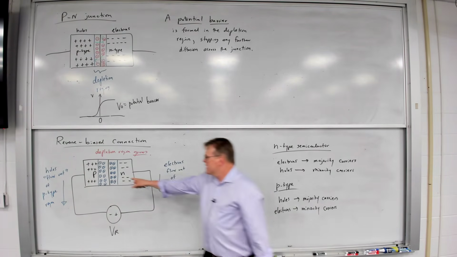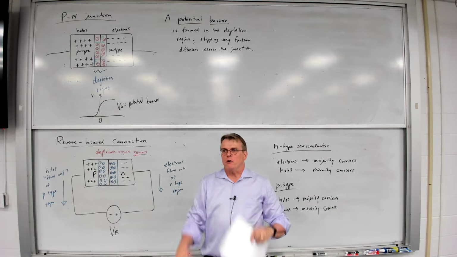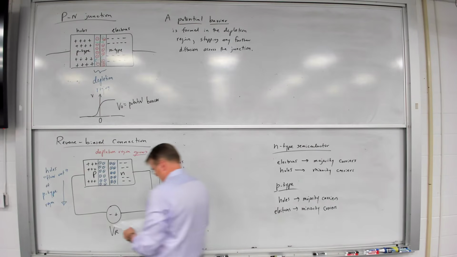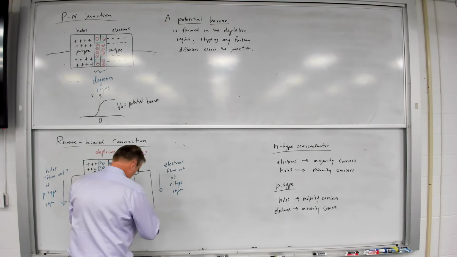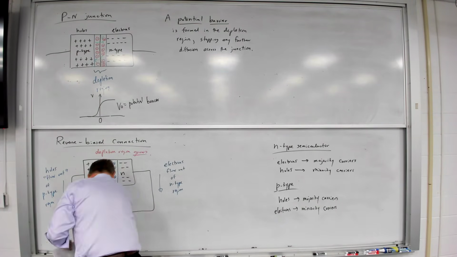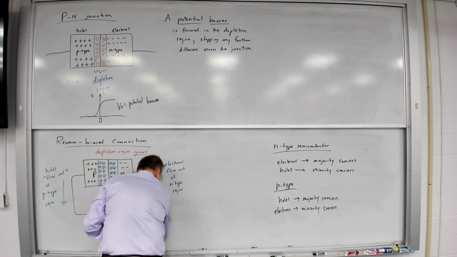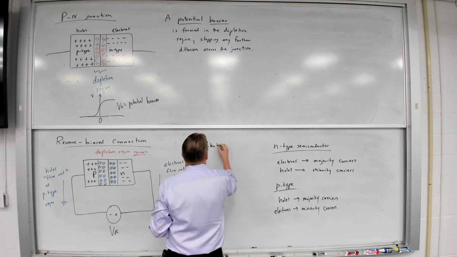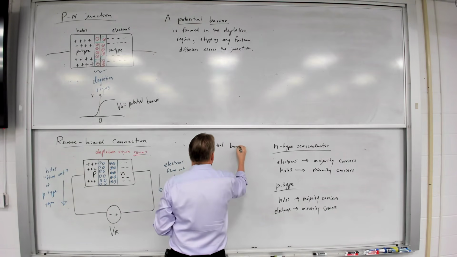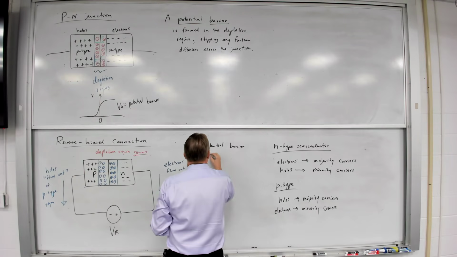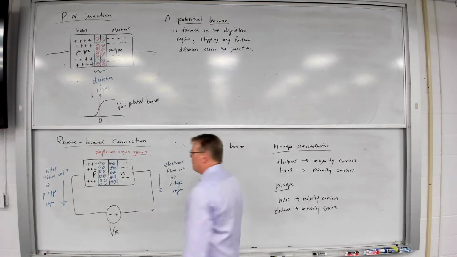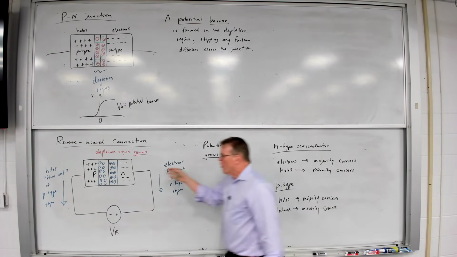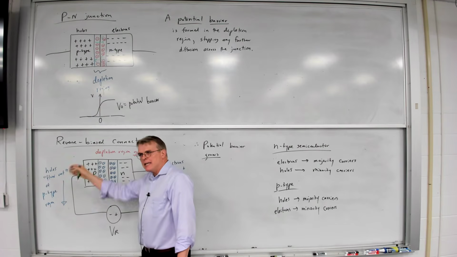And as that happens, the potential barrier gets bigger, gets stronger. And as it grows, it is going to oppose any current, any free carriers crossing that depletion region.